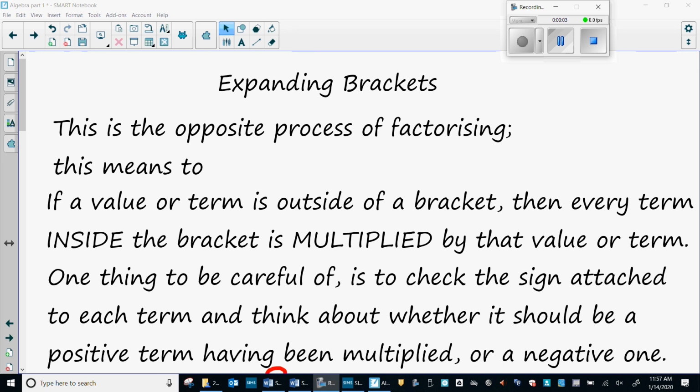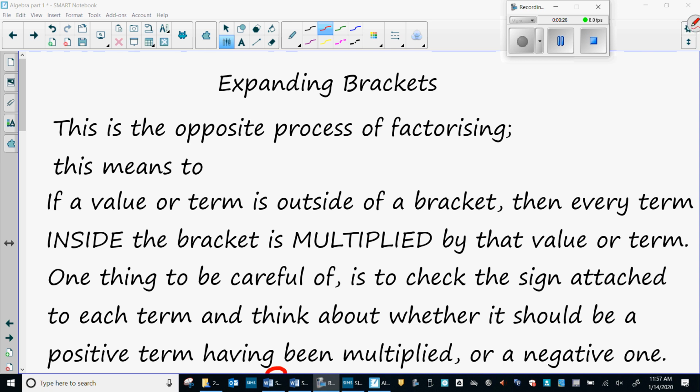Expanding brackets. This is the opposite process of factorizing. We've talked about factorizing, finding common things, and we end up putting things into brackets. If we are expanding, what are we doing?